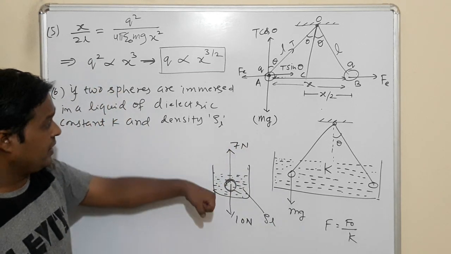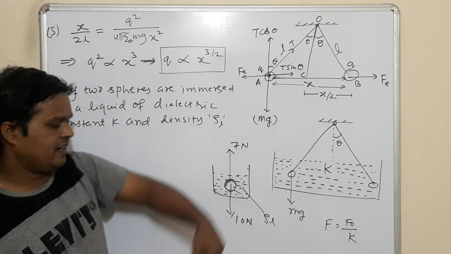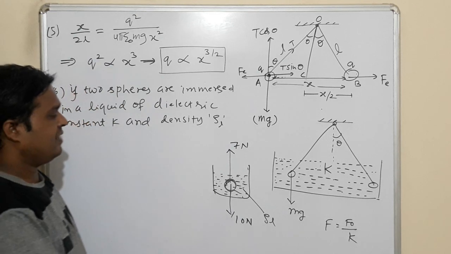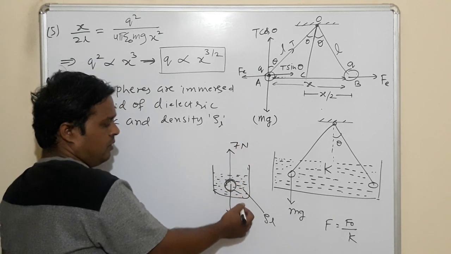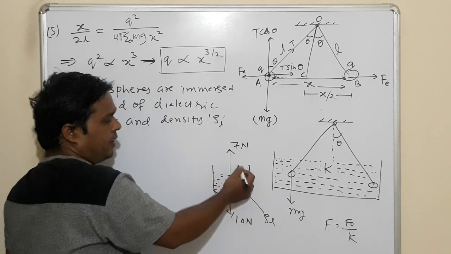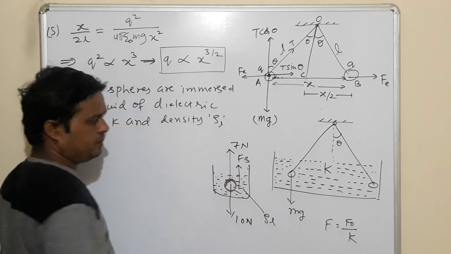That means it appears to be lighter than the actual weight. Then what is that extra 3 Newton which is acting on the body in the opposite direction? That we call the buoyant force.